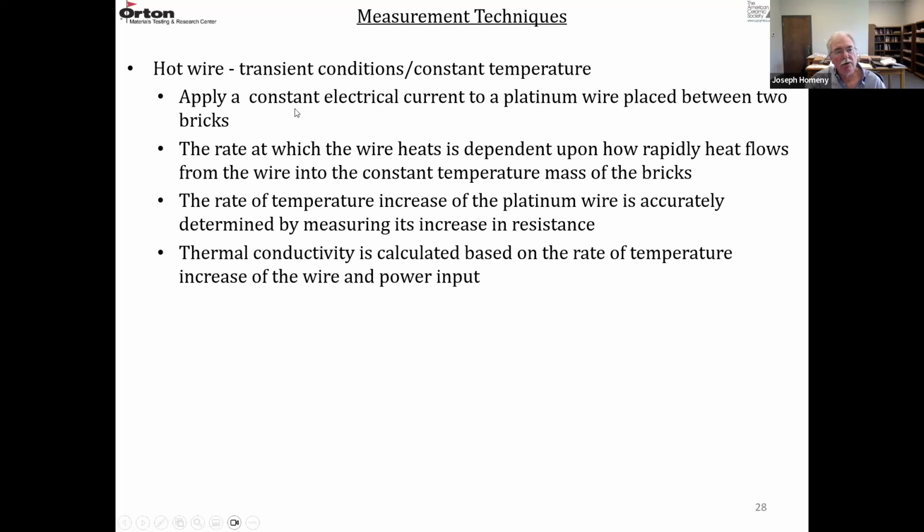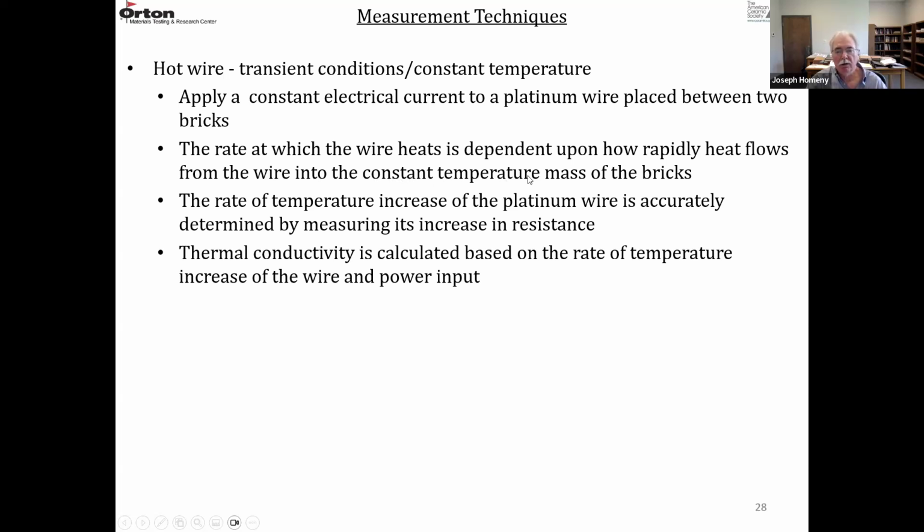So in the hot wire, you just apply a constant electric current to a platinum wire that's sandwiched between two full-size bricks. And then the rate at which the wire heats is dependent on how rapidly heat flows from the wire into the mass of bricks, which are held at a constant temperature.